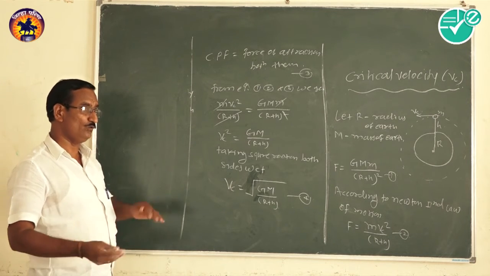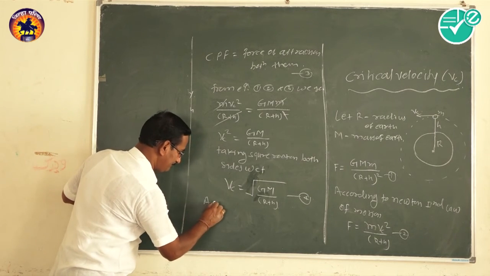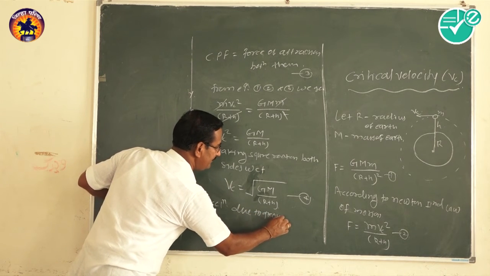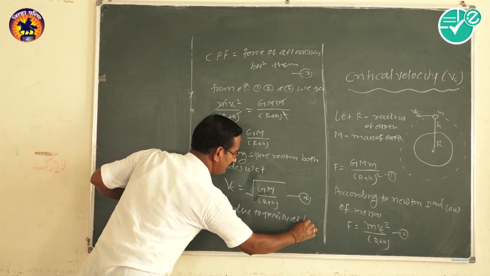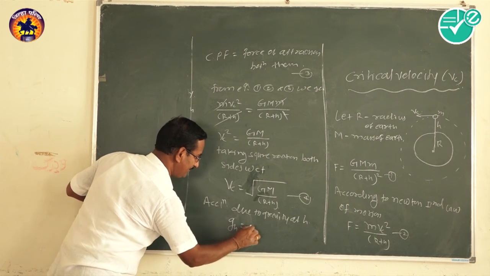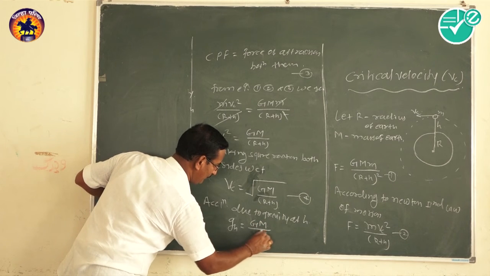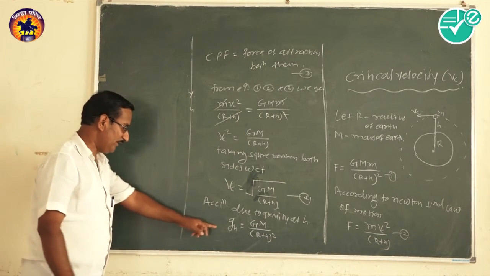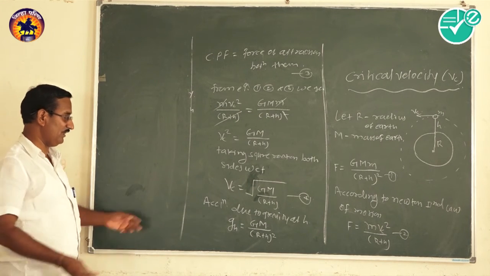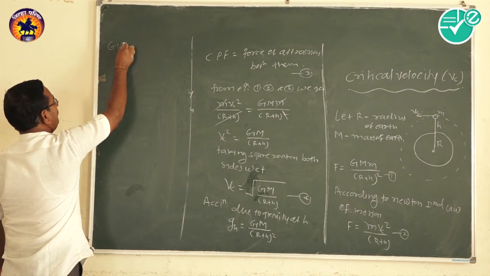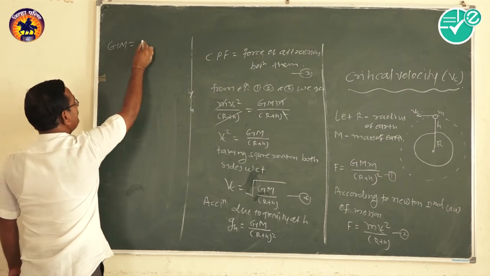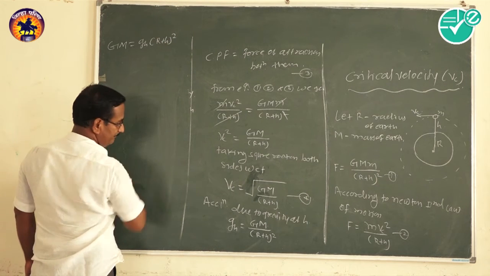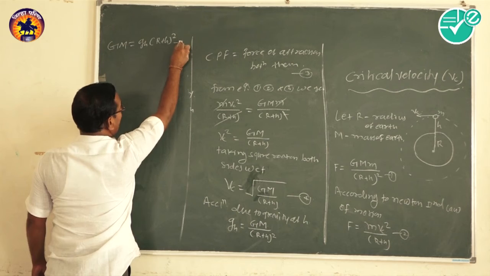Then again we have to know that the acceleration due to gravity at h is gh equals G capital M upon (R plus h) whole square. Simplifying this equation for GM, GM is equal to gh into (R plus h) whole square. That is equation 5.